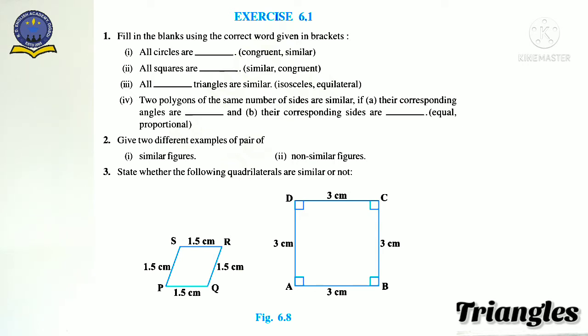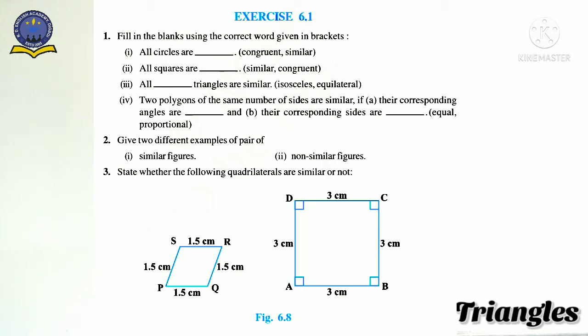If we draw two different isosceles triangles, the shape may not be the same. But equilateral triangles are smaller or bigger, yet each and every time all sides are the same. So here it is equilateral triangle.